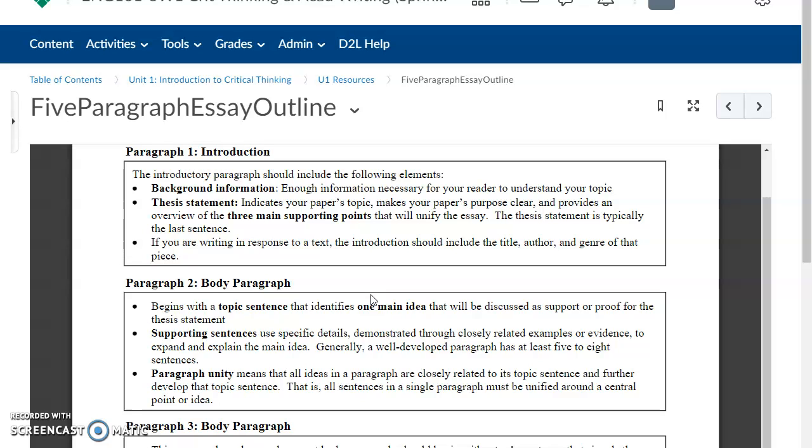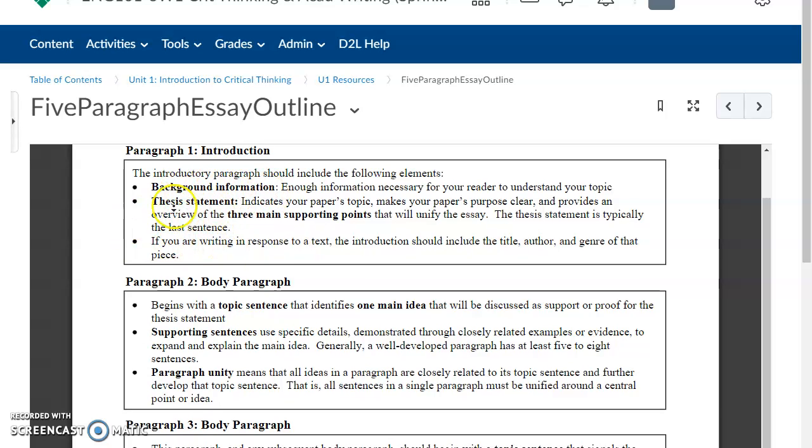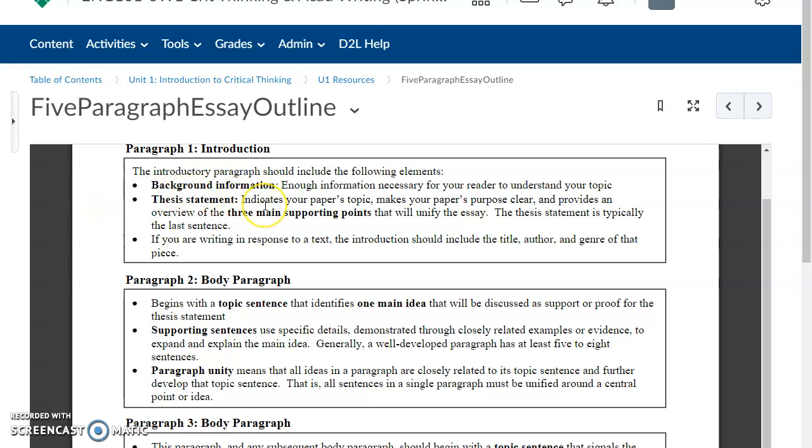In the revision stage, you also check for unity, which means that everything must relate to the topic. If I'm discussing pineapples, for instance, in an essay, I cannot just jump and discuss bananas. That being said, let me show you this particular outline.